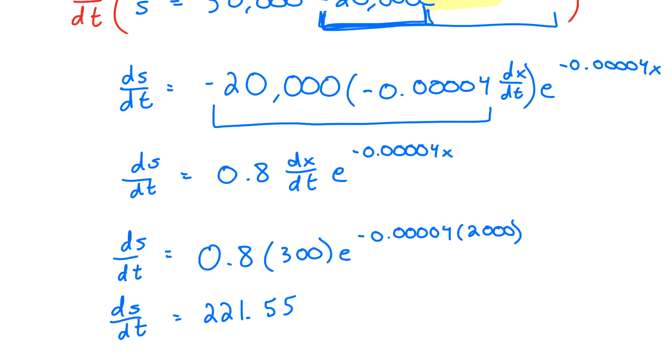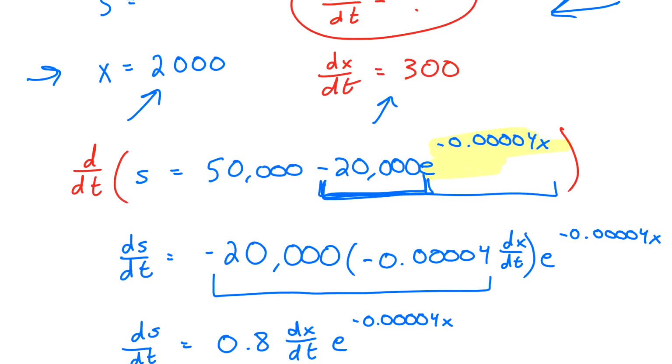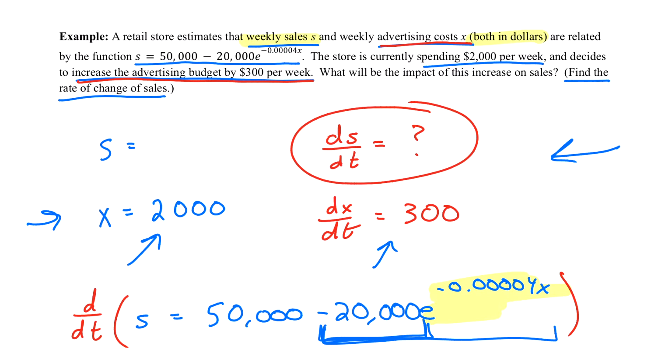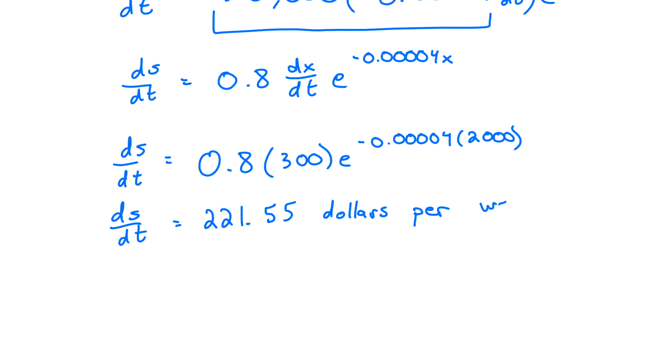So first of all, $221.55, here I'm going to write it out as dollars per, what is my unit of time? What is dt? Well, t was measured in, here in this case, per week. Our current unit of time would be week.